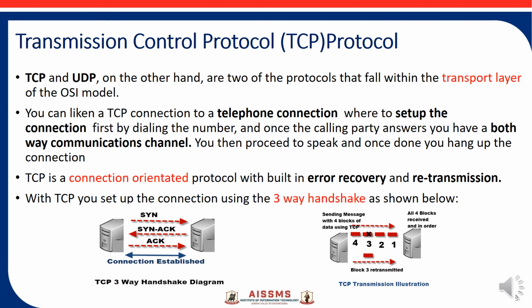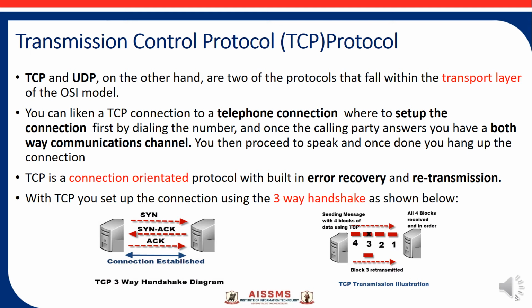If there is any loss of a block or packet during the communication, the receiver will notify the sender that the particular packet or block is missed. So the sender will resend that particular packet. In the figure, you can observe that the message is divided into 4 blocks.